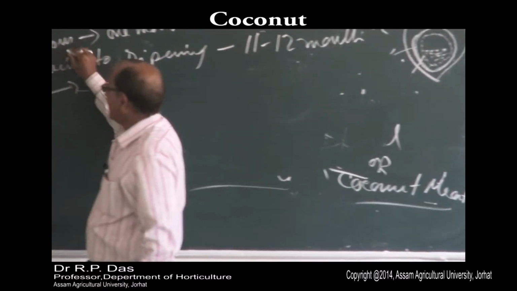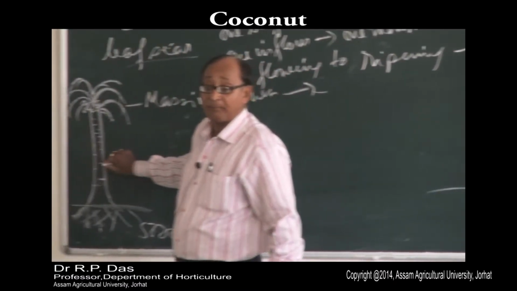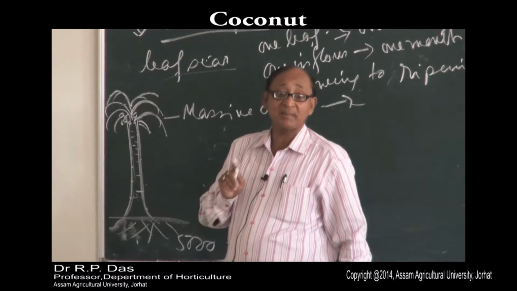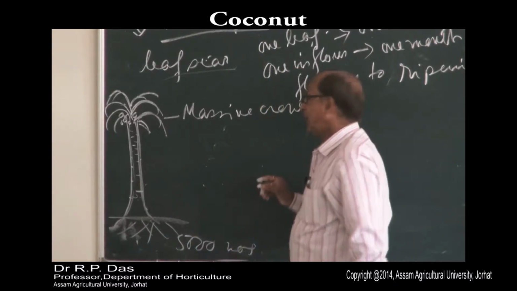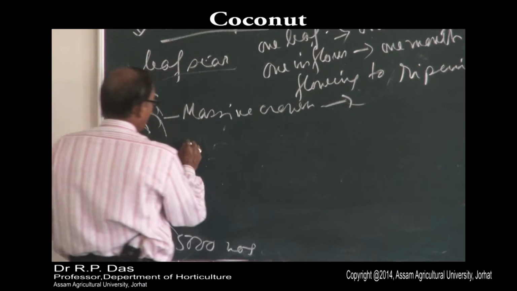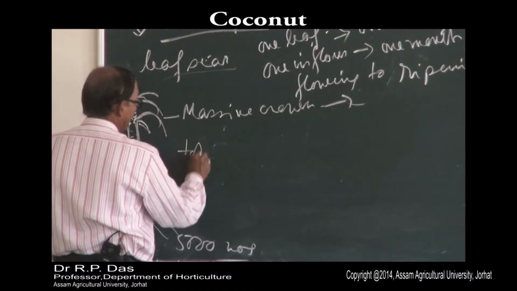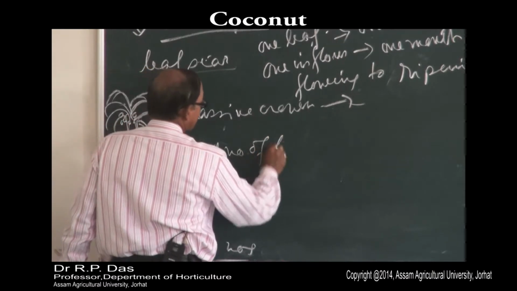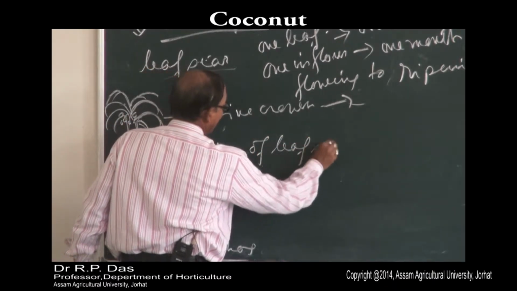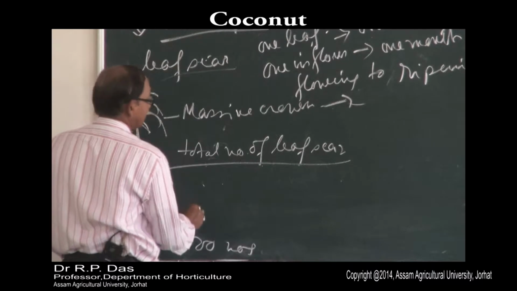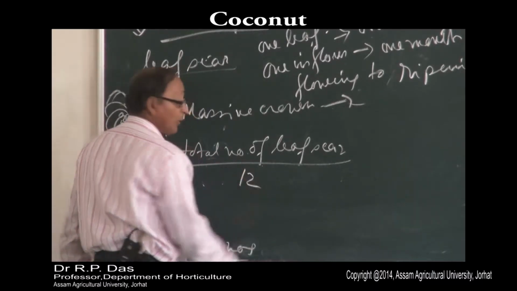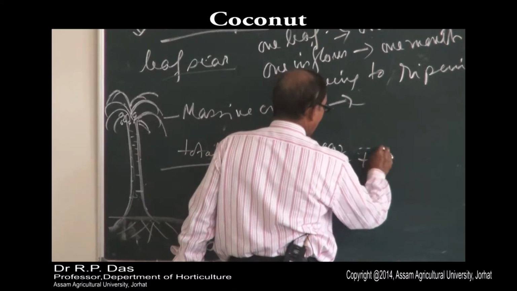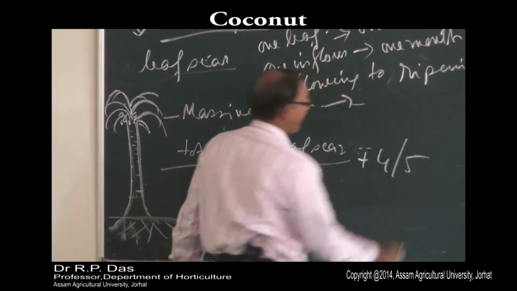Now, it is full of leaf scars. So, by counting the leaf scars, you can roughly estimate the age of the plants. That is, total number of leaf scars divided by 12, plus 4 or 5 years.